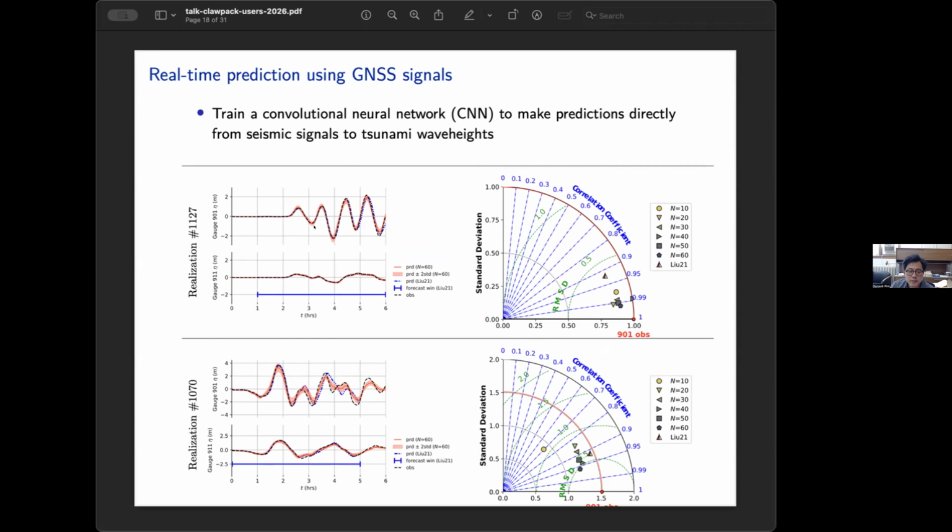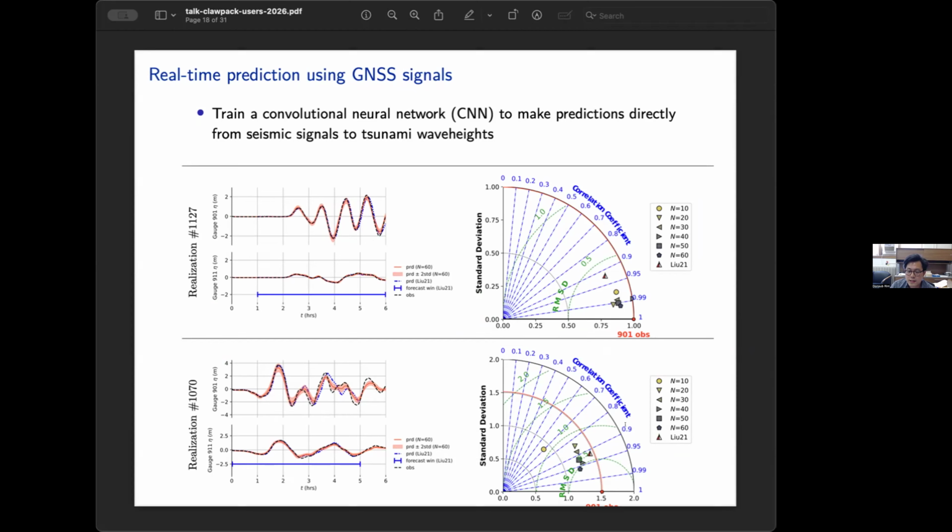So on the left column, the curves are on top of each other because all the predictions are quite good. This is for one event, and this is another. And the difference is that this red prediction, which was using the geodetic measurements, you could potentially do much earlier after the earthquake.